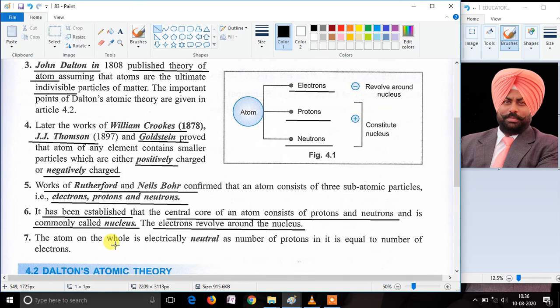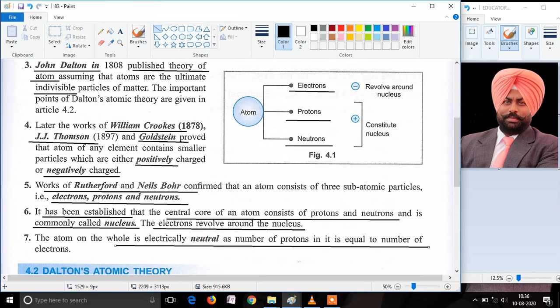As the number of electrons and the number of protons are equal in an atom, we can say that an atom is electrically neutral. So topic number 4.1, which we have discussed right now, is the introduction to atomic structure and chemical bonding.